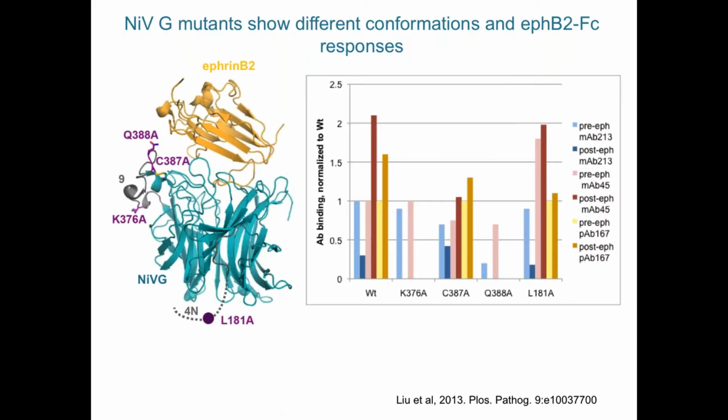The mutants fully characterized by these antibodies are C387A, which undergoes overall less binding change, and L181A, which appears to be pre-activated in a conformation that exposes the MAB45 epitope, even without FNB2FC addition, and it undergoes little further change when FNB2 is added.